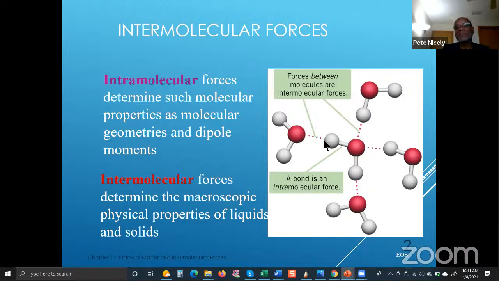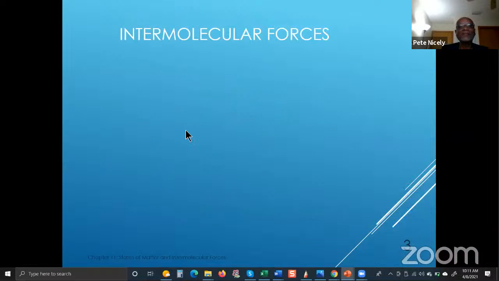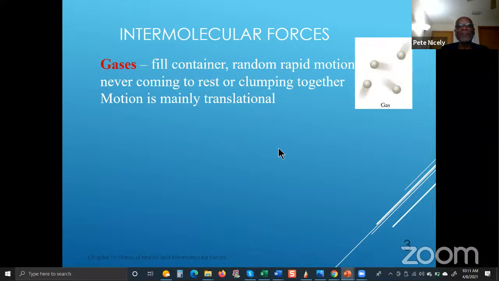So that force that exists between atoms from different molecules is known as an intermolecular force. And another force of that type is shown here, between the oxygen and hydrogen, and so on and so forth. So those are intermolecular forces. And what we're going to see in this chapter is that there are different intermolecular forces that exist between covalent molecules.